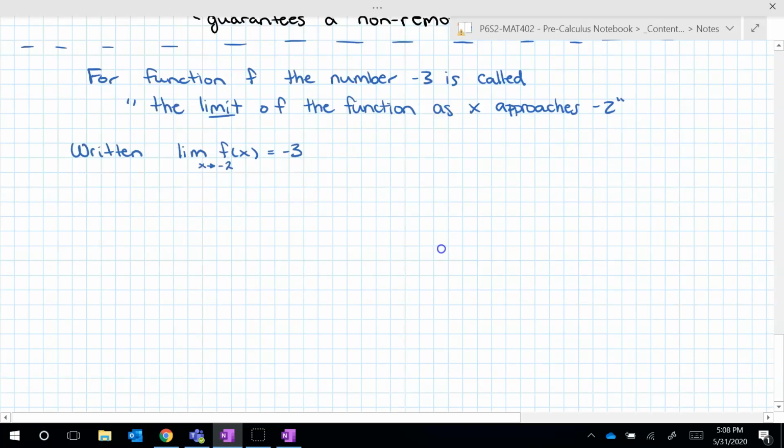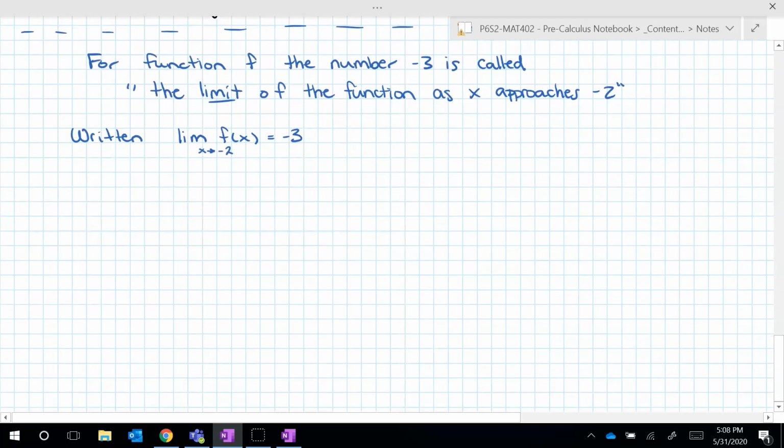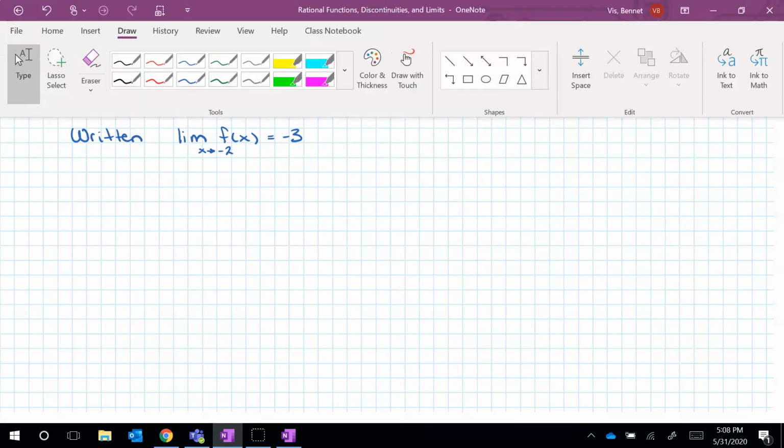And we can show this algebraically by doing what we did in the first lesson in chapter 15, by rewriting that function f of x in mixed number form.